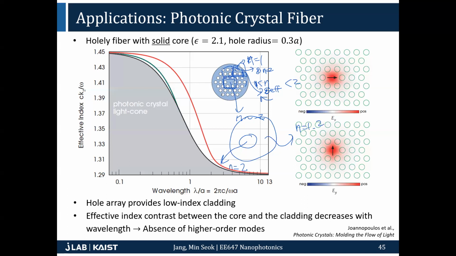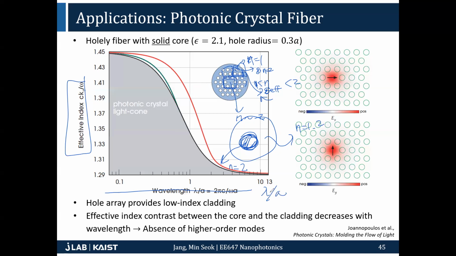And if you do so, of course, you can have a guided mode in the solid core. And what you see here is the effective index of the mode drawn as a function of lambda over a.